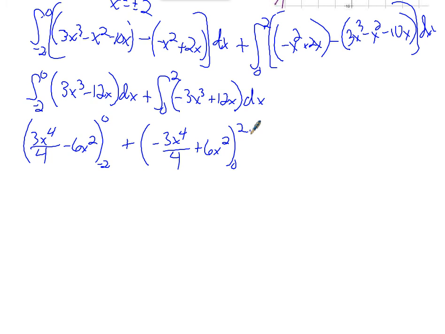Oh, you did that in your head? If I plug the 0 in here, both of these terms go away, so I'm left with the minus because it's 0 minus. And then the negative 2 to the fourth is 16, positive 16. But then divided by 4, that turns into 4 times 3 is 12.